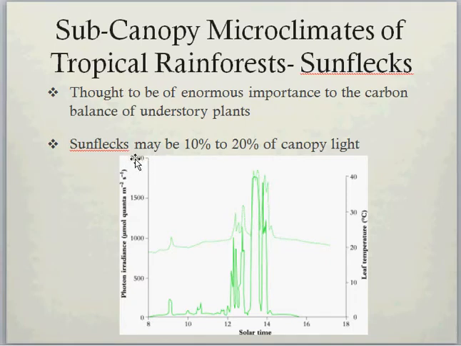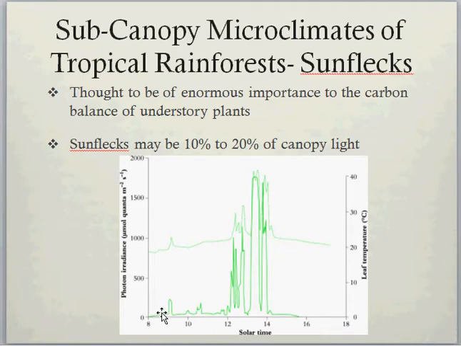But the amount of PAR at normal times during the day, so this is time of day down the bottom here, would be fairly low. You're looking at less than 1%, and that's going to be pretty low for the seedling.